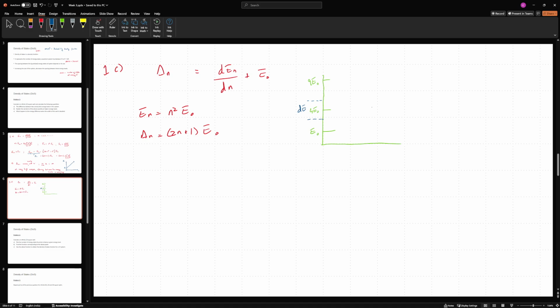So D of E is the number of energy states that are inside the window.